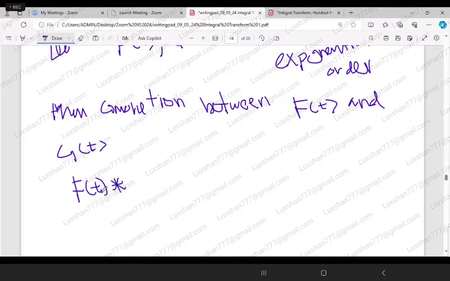If you write like this, it is convolution; it is not multiplication, it is actually denoting the convolution.